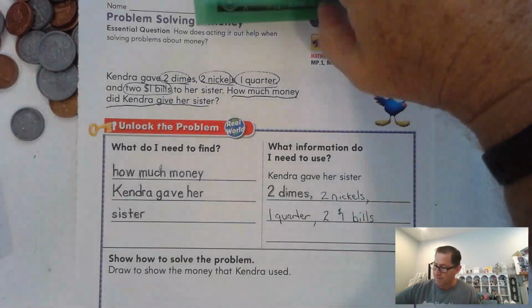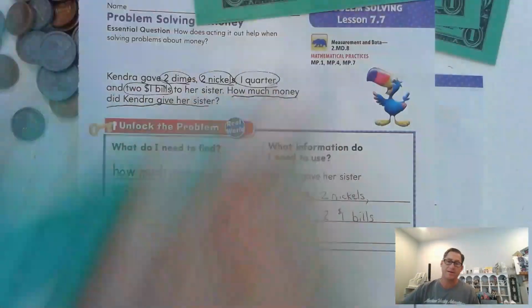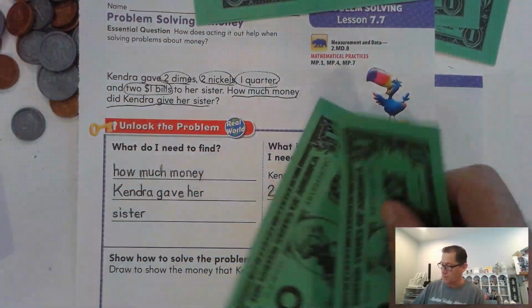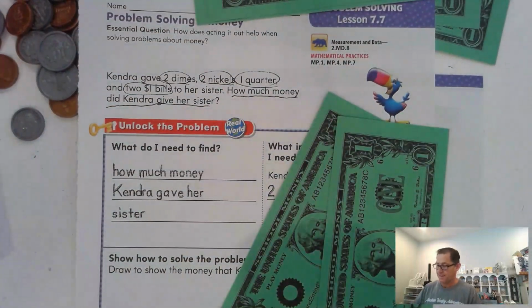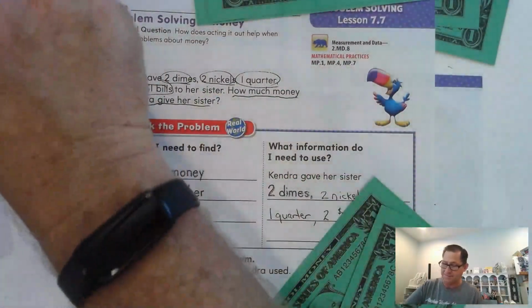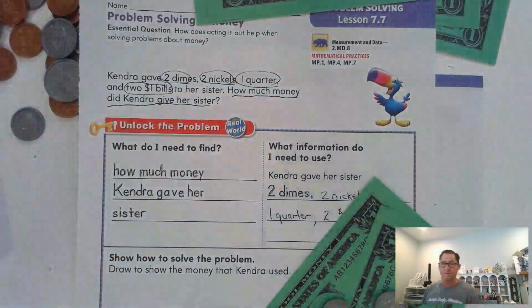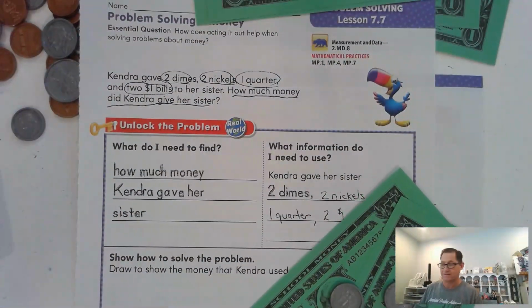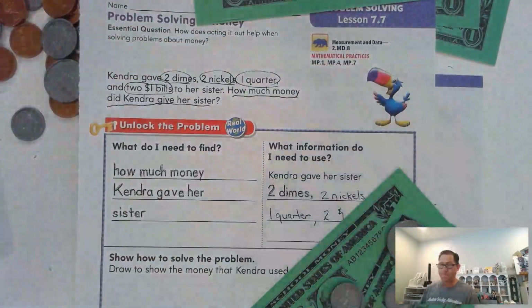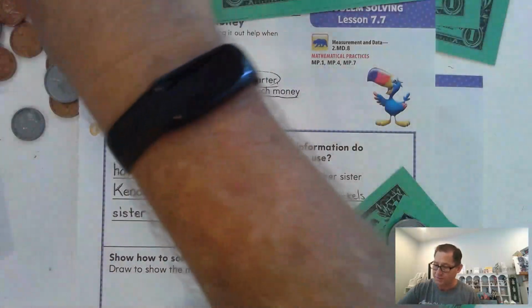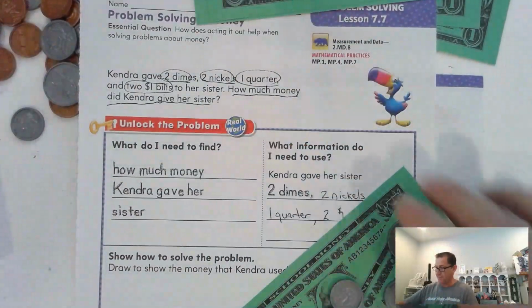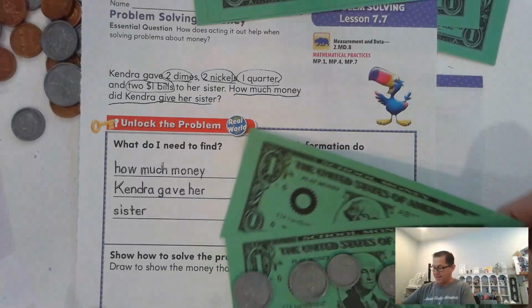So let's go ahead, from your money kit, and get 2 $1 bills, 2 dimes, 1 quarter, and 2 nickels. That's the amount of money she gave.